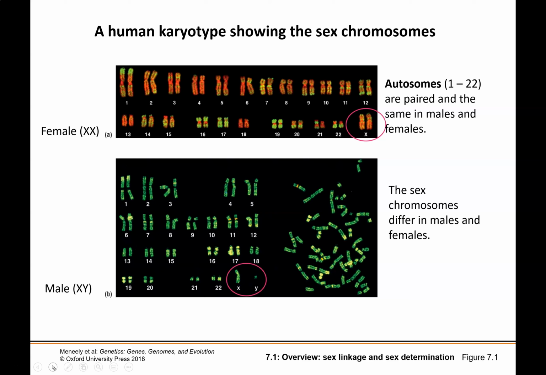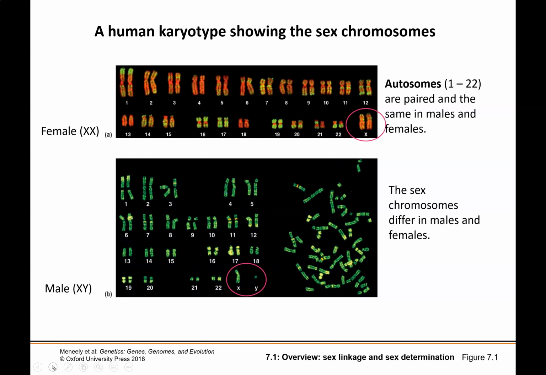In humans and many other mammals, females have two X chromosomes in all of their cells, and it's the presence of those two X chromosomes that make them female. On the bottom here, we have a male karyotype. Now this one just looks different because it's a different type of staining, but the chromosomes are very similar.